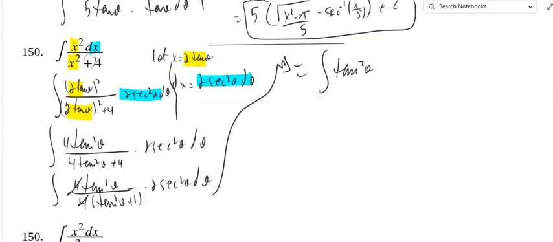Tangent squared of theta, tan squared of theta plus 1 is secant squared of theta.